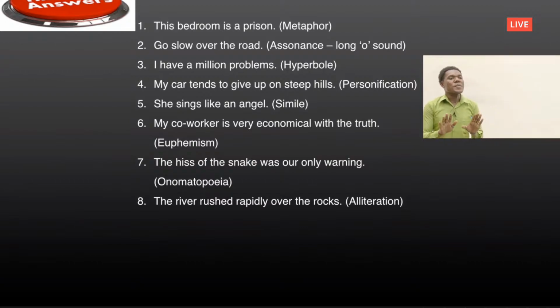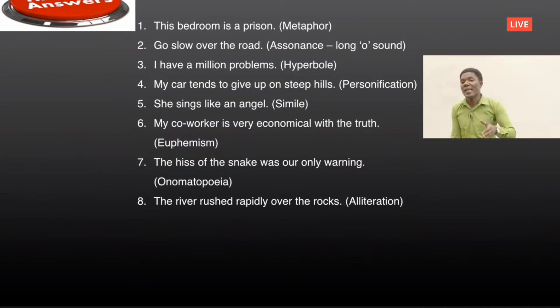7. The hiss of the snake was our only warning. Onomatopoeia. The hiss of the snake, hiss. The word hiss, the word gives the sound that it makes. The hiss of the snake was our only warning. Let's understand the context of that. The sound that the snake made, so we were walking in the forest, in the mountains, and we were lost.